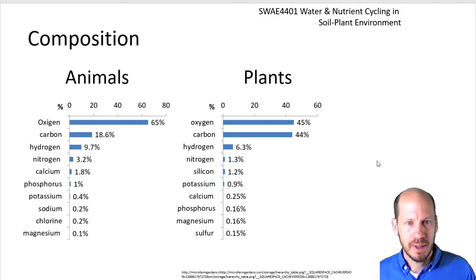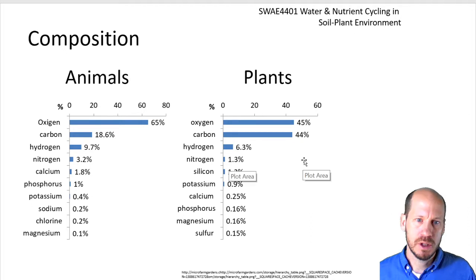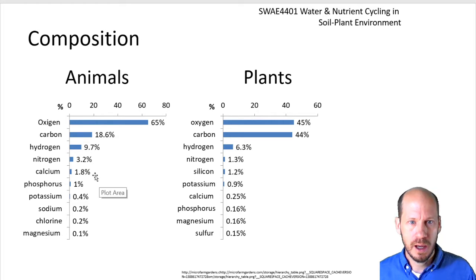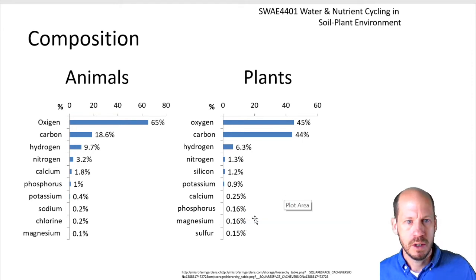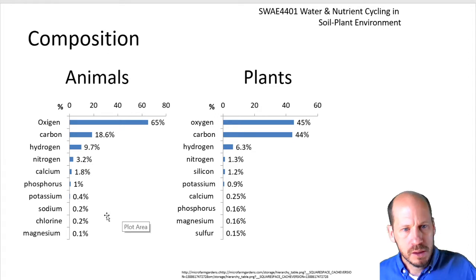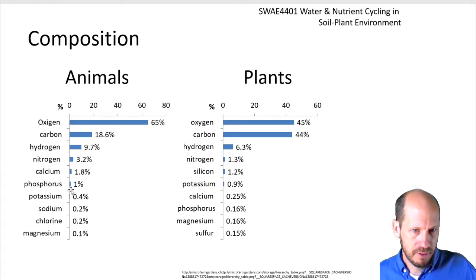Nitrogen, we will have also much more nitrogen in animals than we will have in plants. That's also the reason animals will contain a higher content of proteins. Calcium is higher in animals because of bones, and that's similar for phosphorus. Phosphorus is shown in much lower concentration in plant materials than it is in animal materials because the bones have calcium phosphate.